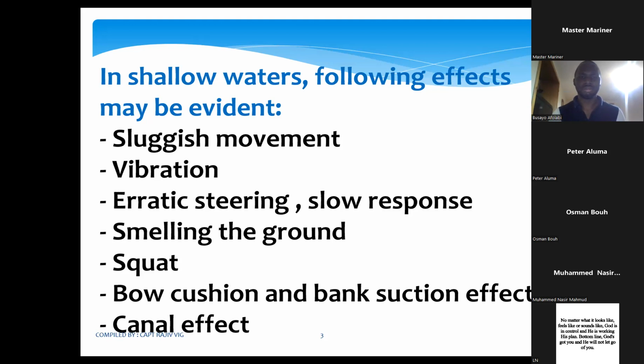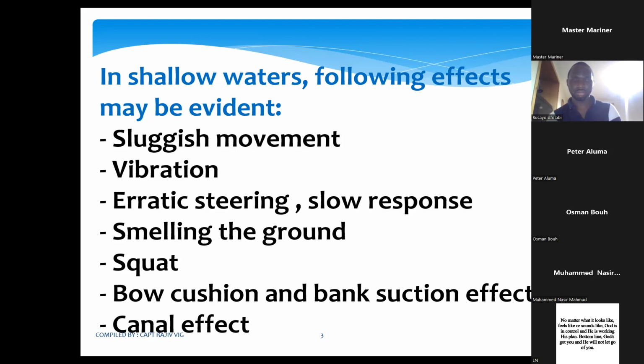Good evening, sir. Yeah, good evening. Okay, sir. There's something I learned some time ago back in school on how to prevent or reduce the probability of having a bow cushion or a bank suction.